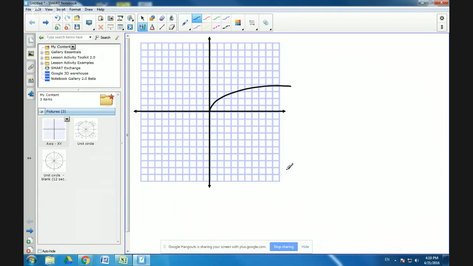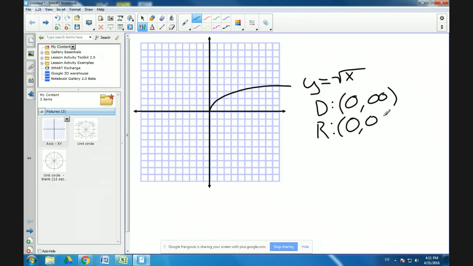What this graph represents right here is y equals the square root of x. The domain for this is 0 all the way to infinity. The range is also 0 all the way to infinity.